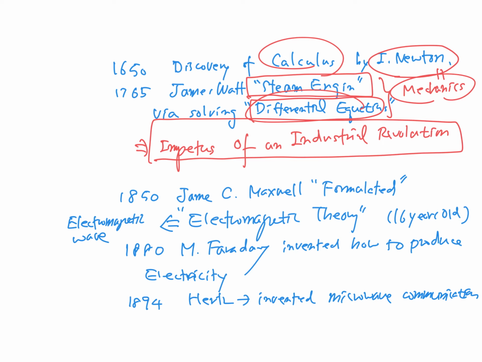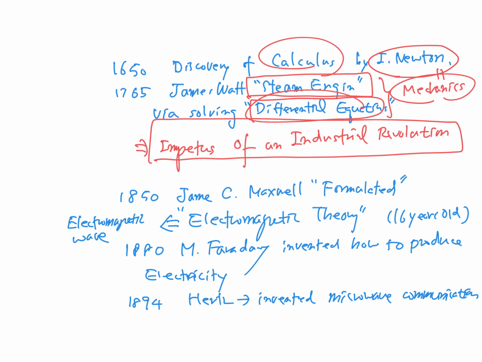He also discovered the mechanics, and then those two combined by James Watt, by solving the differential equations, and then he invented the steam engine. And with the advent of a steam engine, the modern industrial revolution, we can build automobiles, factories, and mass production things. So everything started with steam engine, and if we trace back it all goes back to the calculus and mechanics.